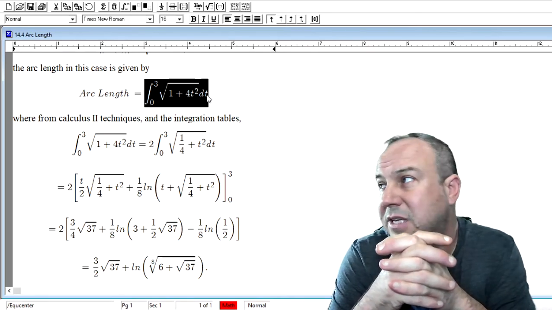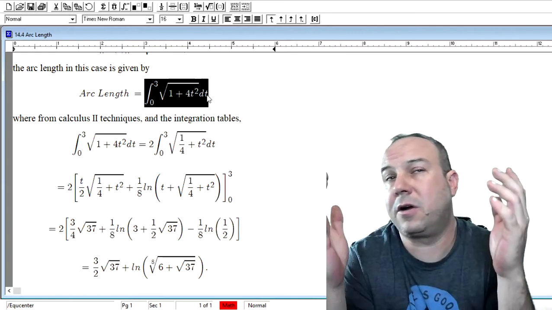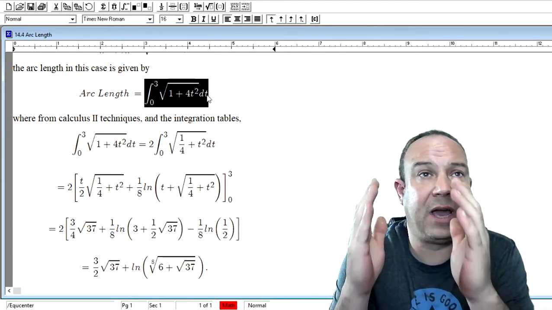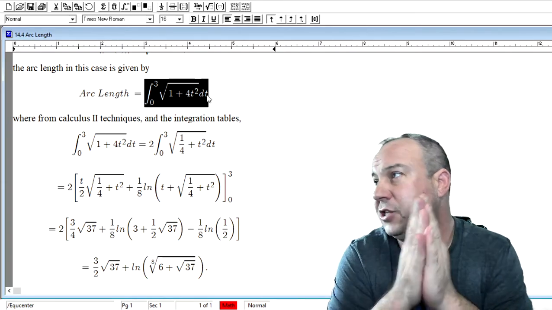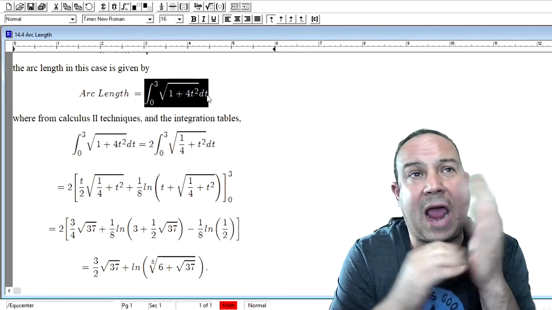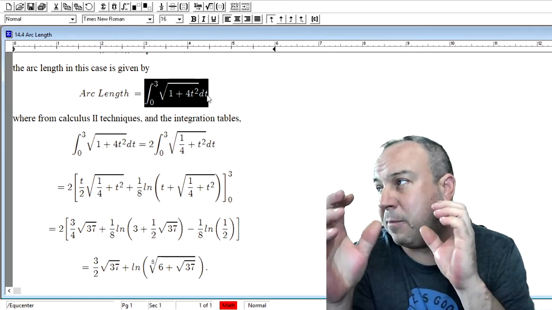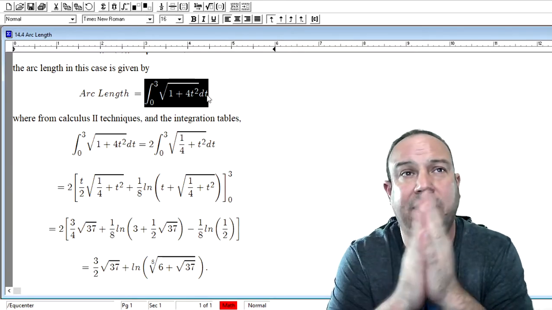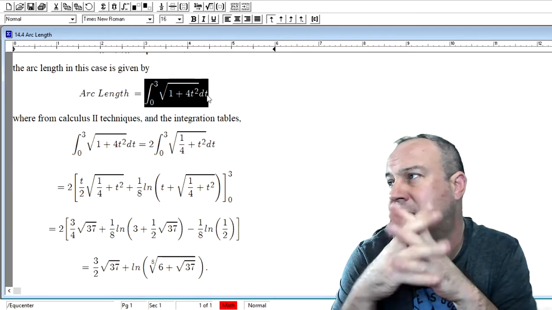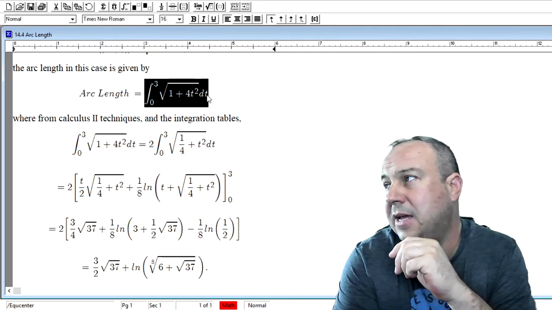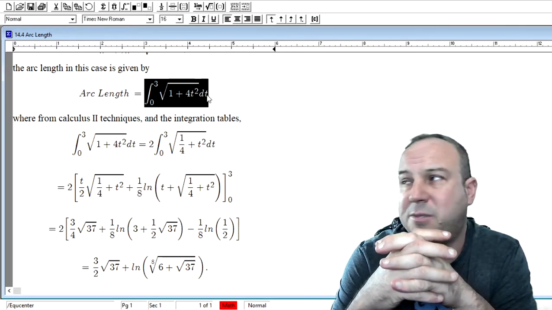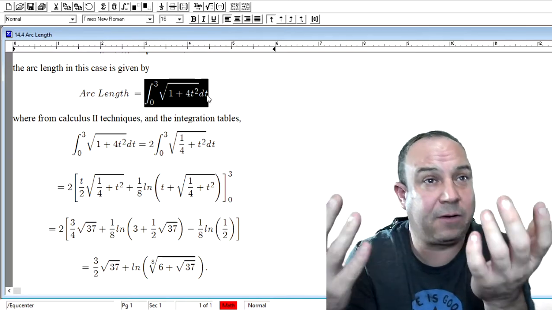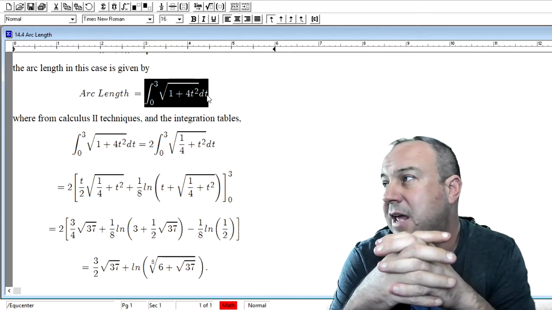All right, folks. Again, integrations for arc length are not always nice calculations. It's that whole radical of these components being squared that makes it really an ugly calculation. And they do have to be tailored at times to work nicely by hand. So don't expect to just set up any old problem and calculate it here.